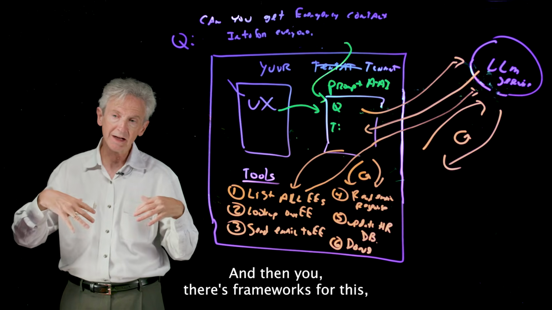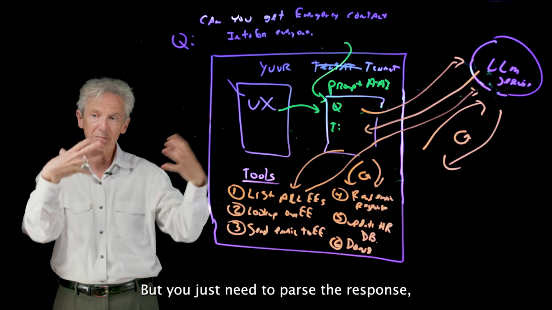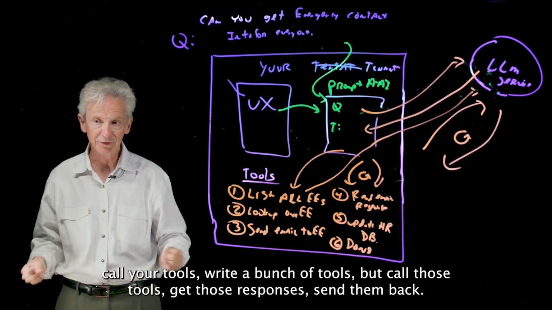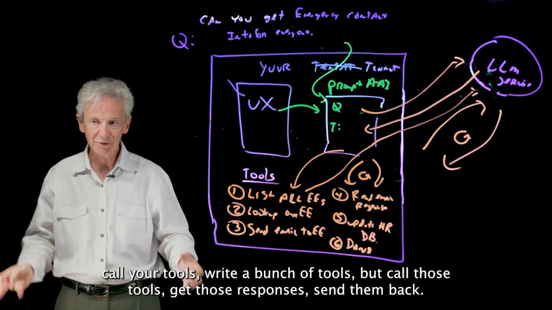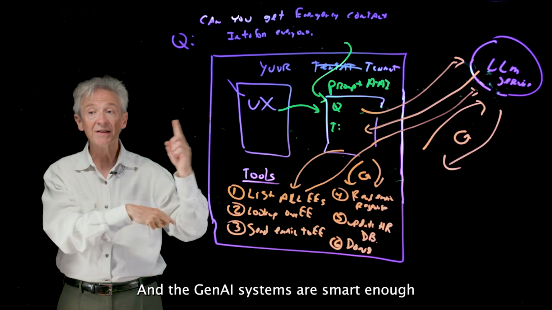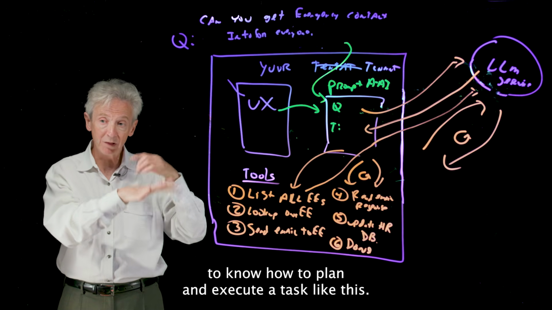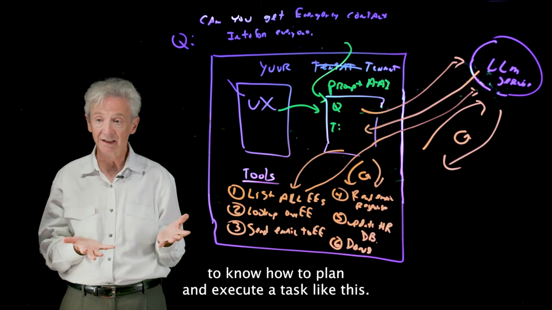And then there are frameworks for this, and I'll describe that in future videos, but you just need to parse the response, write a bunch of tools, call those tools, get those responses, send them back, and the GenAI systems are smart enough to know how to plan and execute a task like this.